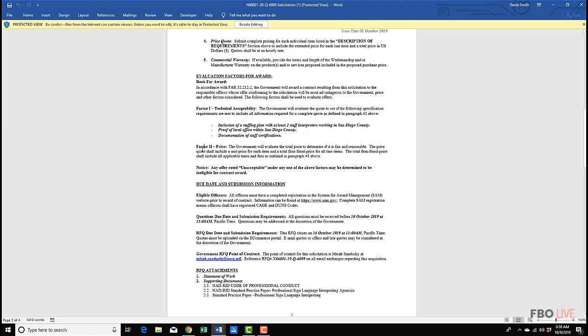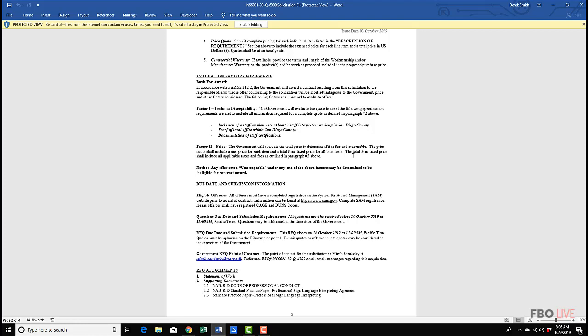Moving on, factor 2, price. So they're going to evaluate the total price that's determined to be fair and reasonable. So that means, I don't know, let's just see what else they say. The price quote shall include a unit price for each item and a total firm fixed price for all line items.